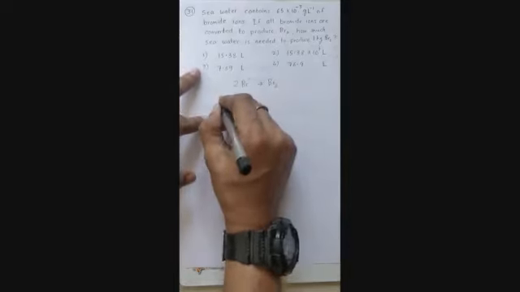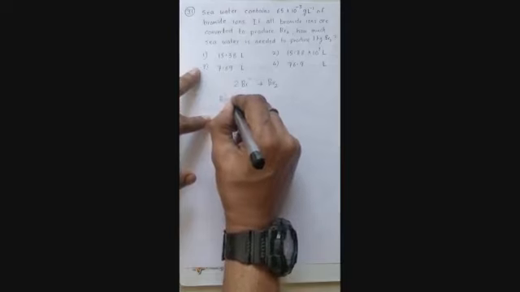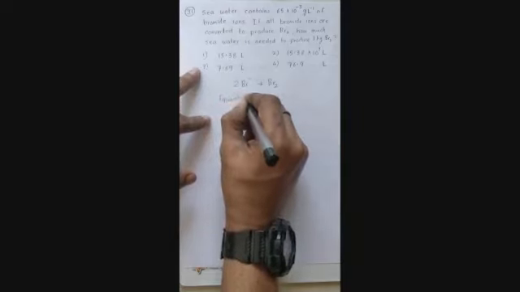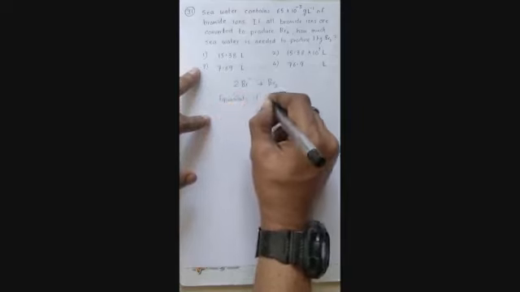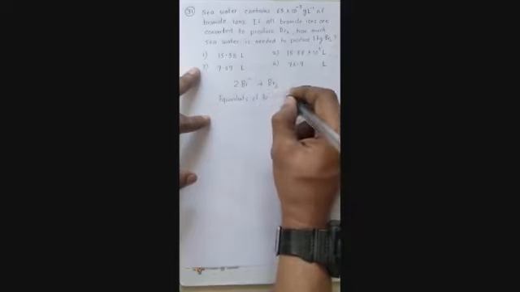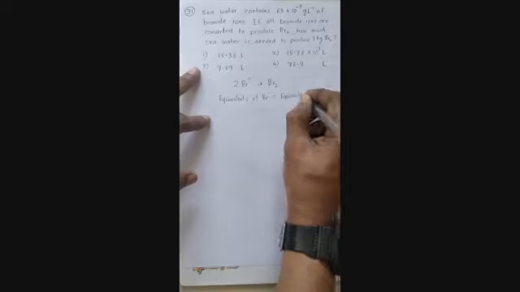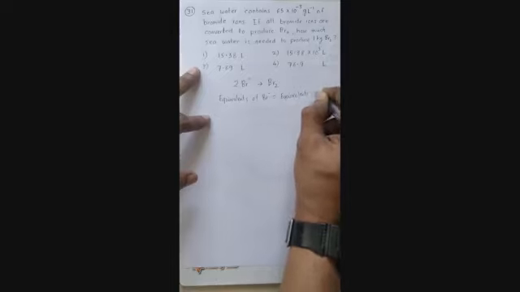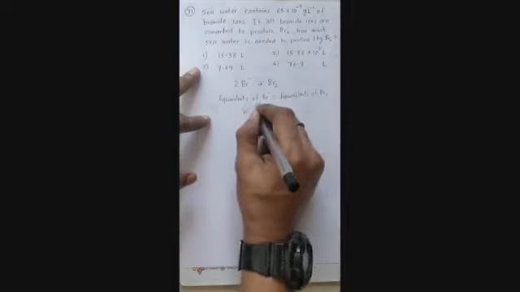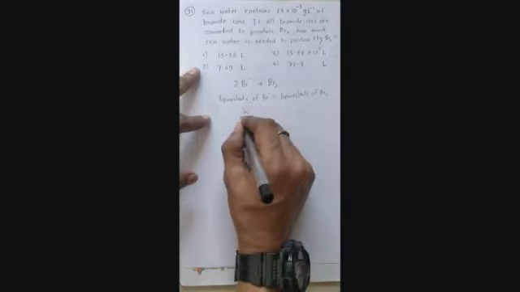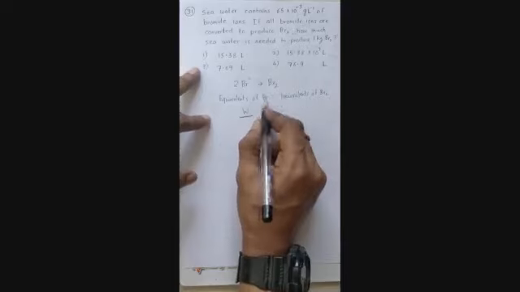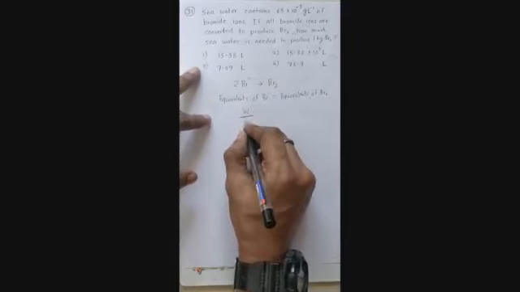Now we know that the equivalence of Br minus should be exactly equal to the equivalence of Br2. So there is going to be weight of Br minus upon the equivalent weight. Equivalent weight is going to be the atomic weight upon the total charge, that is 160 upon 2.